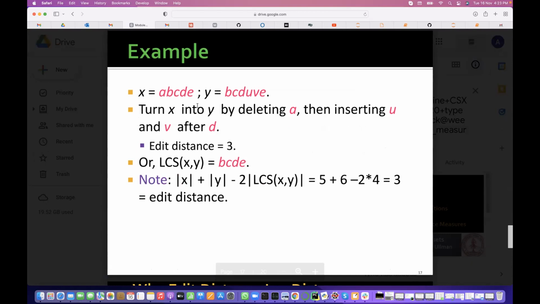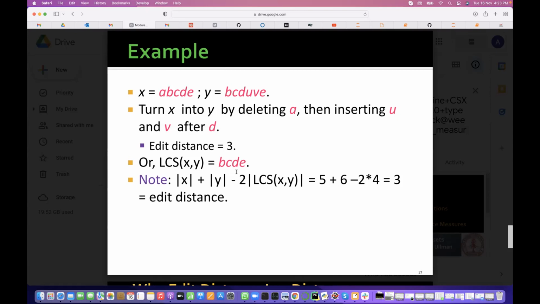He's giving one example here to compute the edit distance: x equals ABCDE, y equals BCDUVE. Turn x into y by deleting A, then inserting U and V after D. So what is the edit distance between these two? 3.